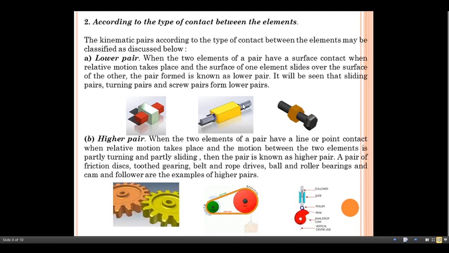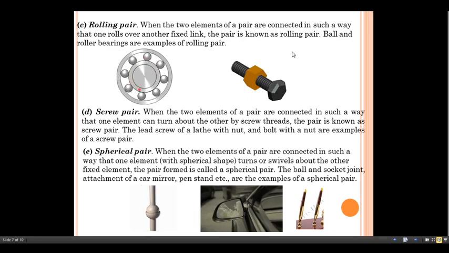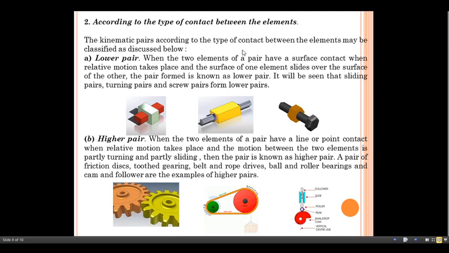Just see every case: when the relative motion between both the elements takes place, there is a surface contact between the pairs. So this is the case with the lower pair. Whatever classification of kinematic pair according to relative motion we discussed earlier, sliding pair, turning pair, rolling pair, that classification again comes under the lower pairs.